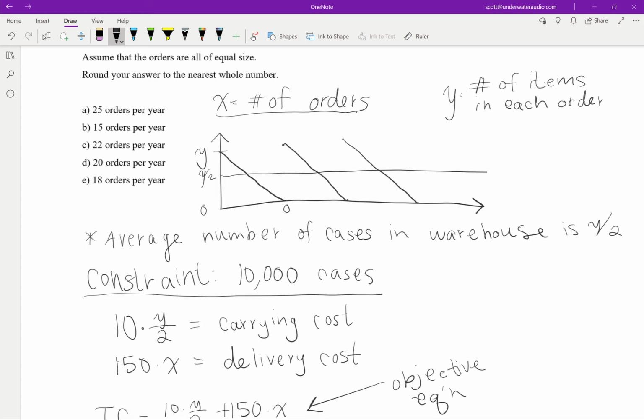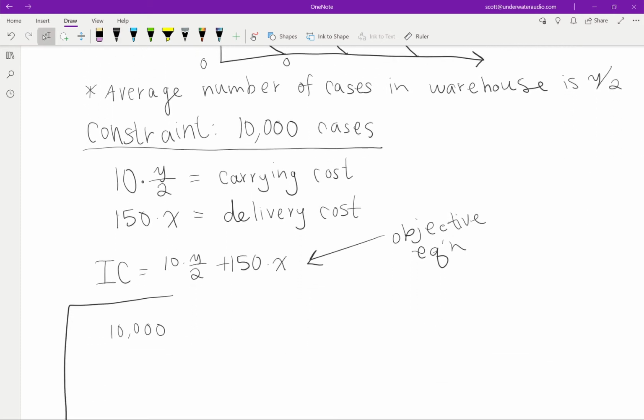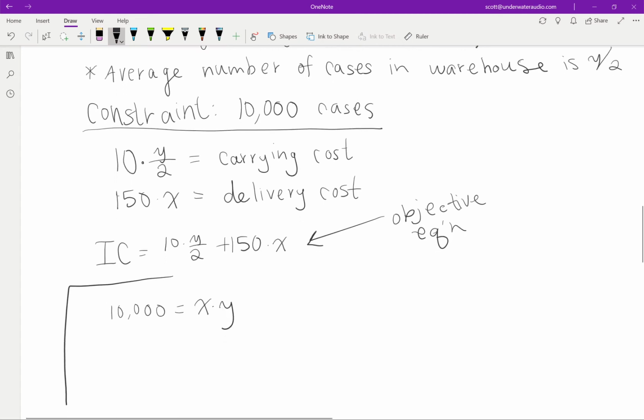And x is the number of orders, and we're trying to figure out what that number is. But if I knew x and y, the number of orders and how much was in each order, x times y would be 10,000. Which is a perfect constraint equation.